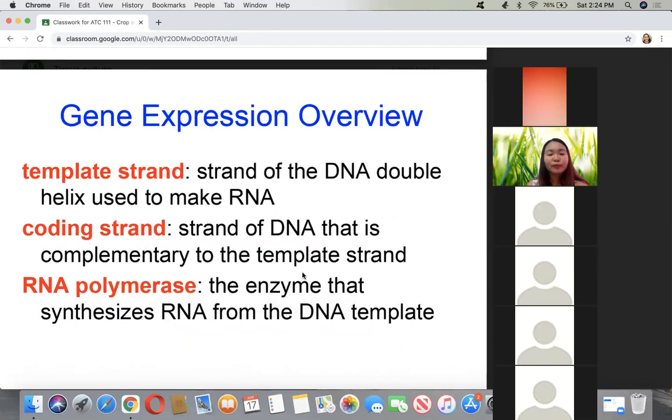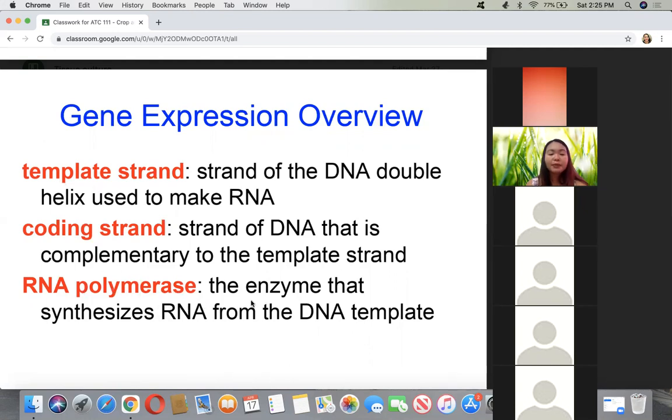So, as an overview of the gene expression, meron tayong template strand or the strand of the DNA double helix used to make the RNA. So, kanina sa first part figure natin, makikita natin yung figure ng RNA and DNA which are double helix, no? And coding strand is the strand of the DNA that is complementary to the template strand. So, it's just the strands ng DNA na which is also the same as double helix template strand.